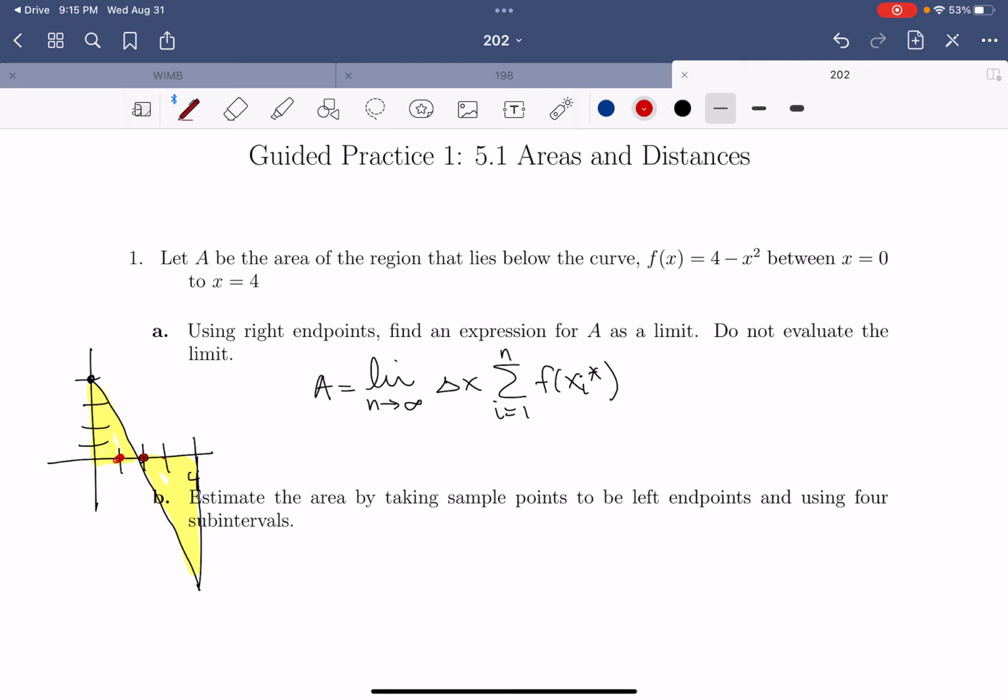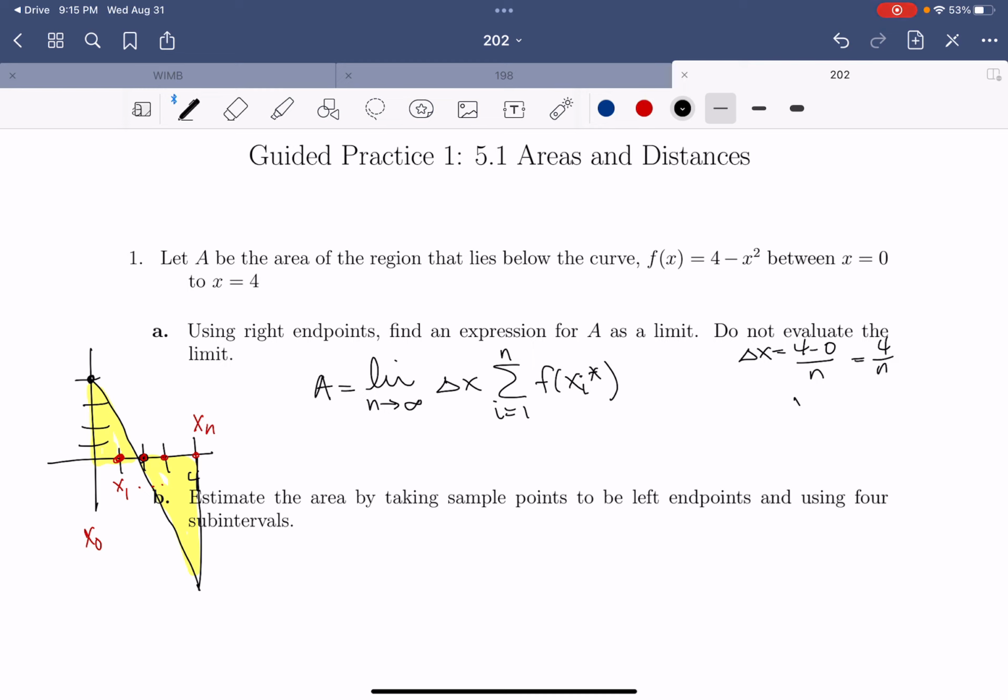So 1, 2, 3, 4. If we're thinking 4 rectangles, we're skipping x0, and this is your xn. So we're starting from x1 and working our way up to xn. So that means that we also need to figure out our delta x. So our delta x is 4 minus 0 over n, so 4 over n.